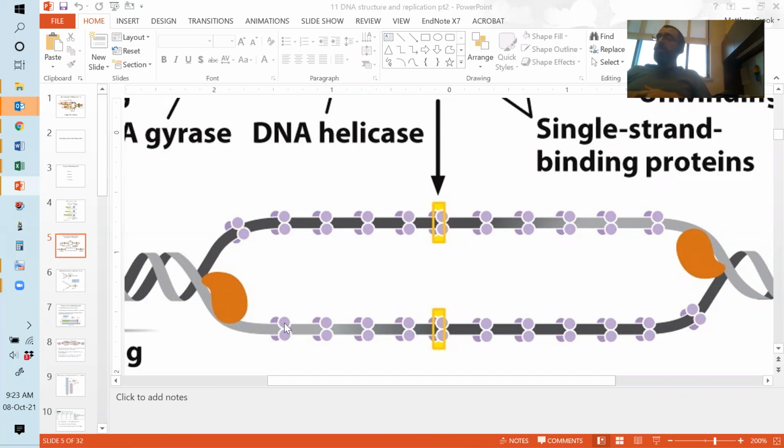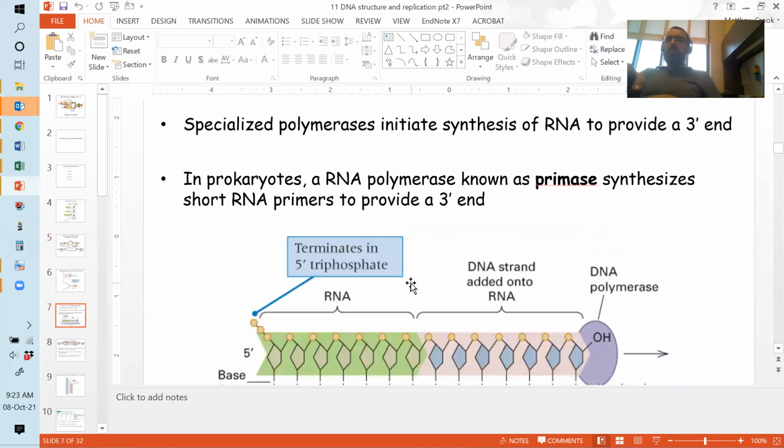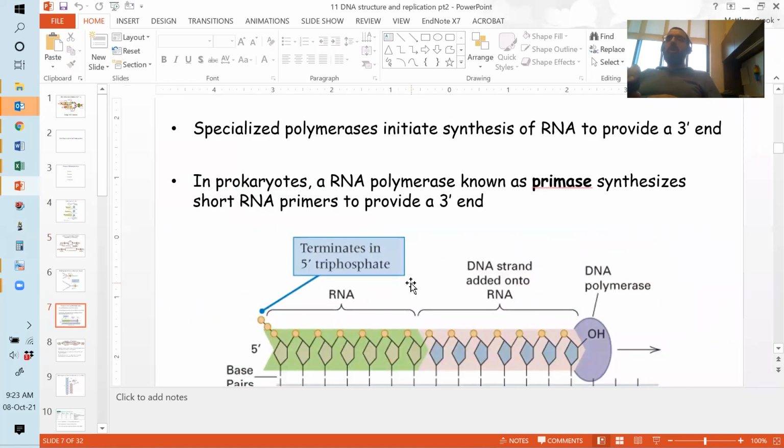Because that's what RNA polymerase does when it transcribes DNA and makes mRNA. It doesn't have any issue doing that. And so what we need now is what's called a primer.